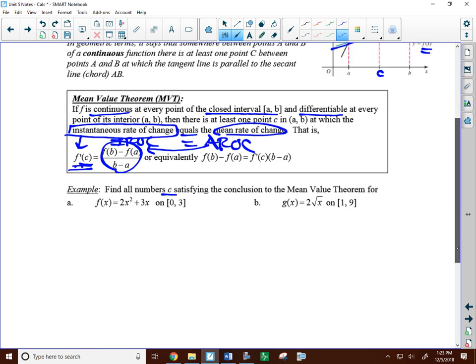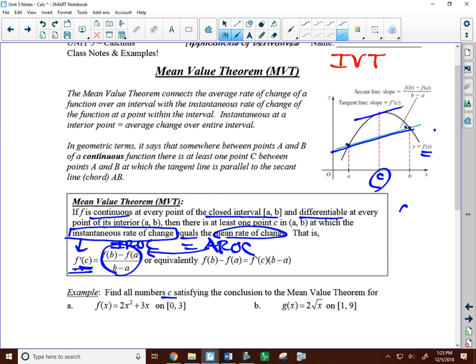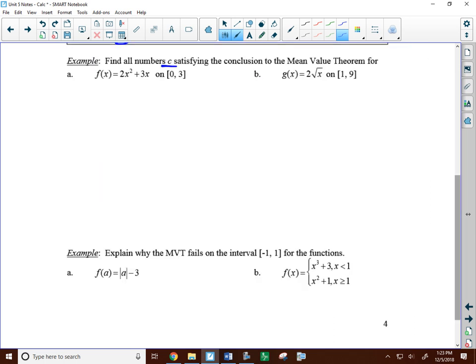Okay, so what we're doing here, find all numbers c. We're finding at x equals what value the average rate of change is equal to the instantaneous rate of change. That's what we're doing. These problems boil down to conceptual ones, like down here, or algebra ones, where we literally do this, AROC equals IROC. Before I do that, I need to check the three conditions.